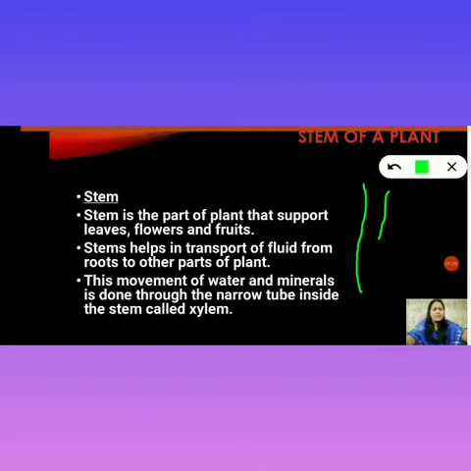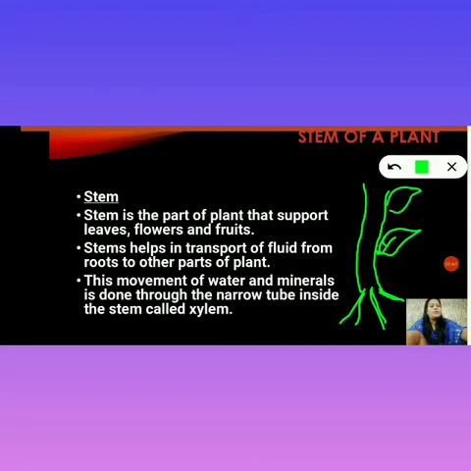So you can see from the lower part of the stem the roots are arising, and the stem gives support to the leaves, to the flowers. Now the next point is stems help in transport of fluid from roots to other parts of the plant.